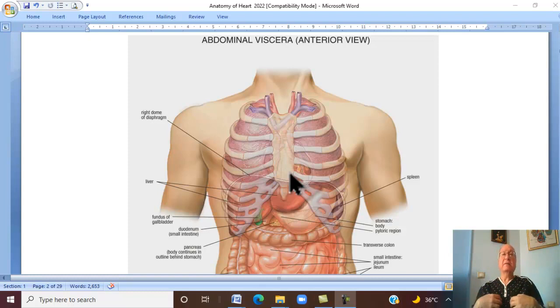In the living, we can detect the dimensions of the heart by clinical examination, which is called percussion, and by investigation like echocardiography. Echocardiography means ultrasound on the heart.